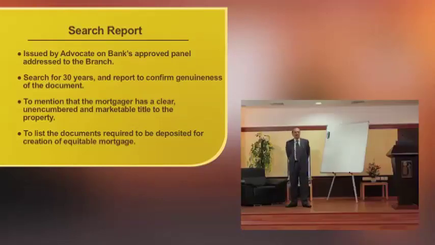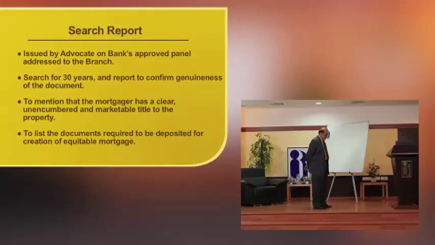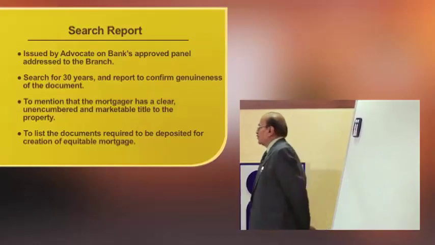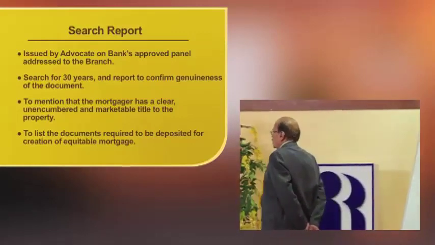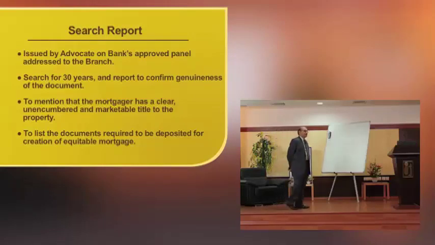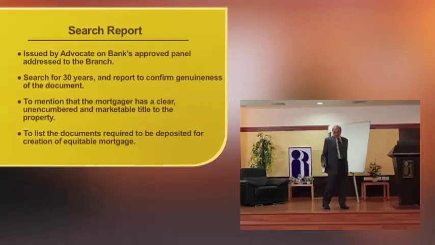This is necessary because in case the bank is required to sell this property tomorrow, there should not be any hassles from a legal point of view. Documents required to be deposited for creation of equitable mortgage will also be listed by the advocates in his search report.